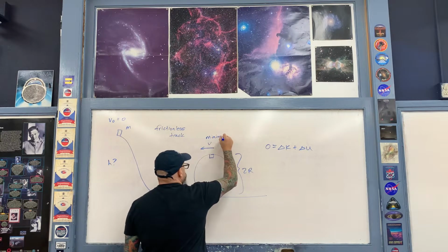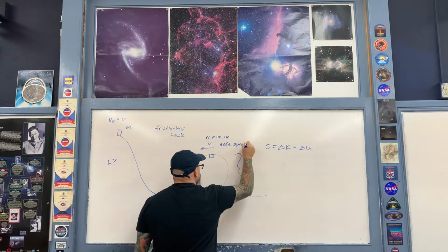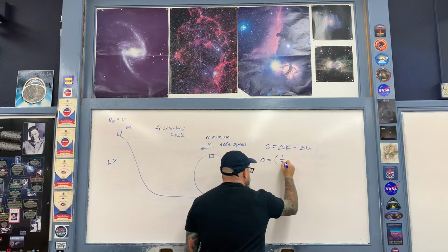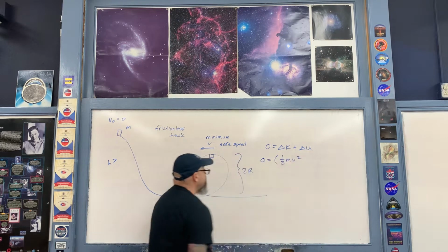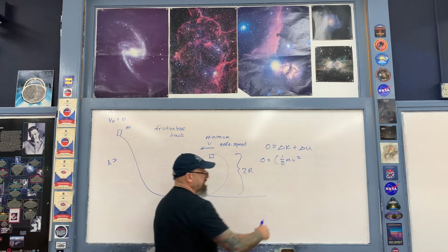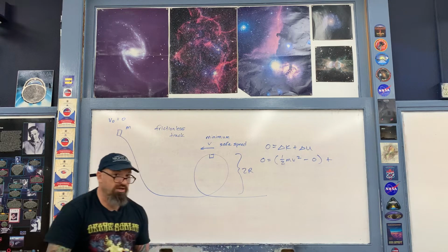So this is the minimum safe speed. Let's note that. But now continuing to fill out our expression, we're going to have that final kinetic energy, 1/2 mv squared, and then minus the initial kinetic energy here of 0 because we begin at the top of that hill at rest.